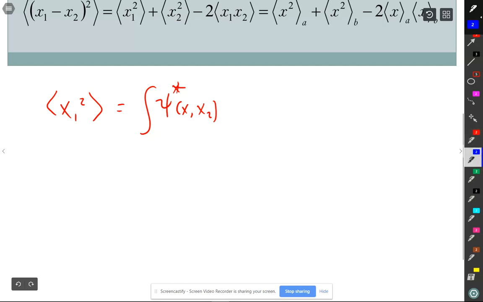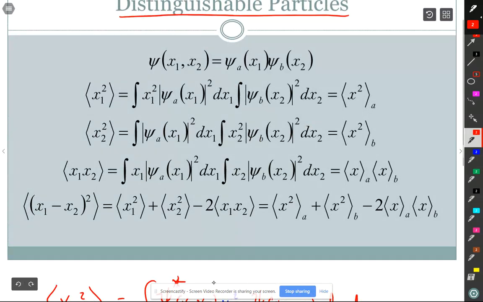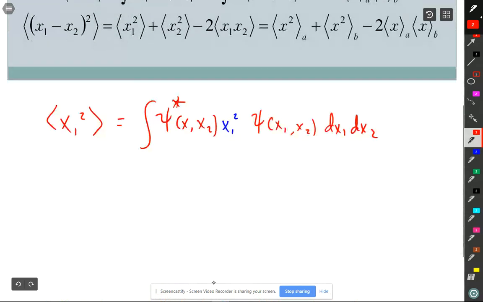There's the standard way of writing the expectation value. This has 2 variables, so that's why I have dx1, dx2. And so then I'm just substituting the wave function psi1 and psi, well, I'm substituting this right here in. And so this is equal to, and I really should have color coded.